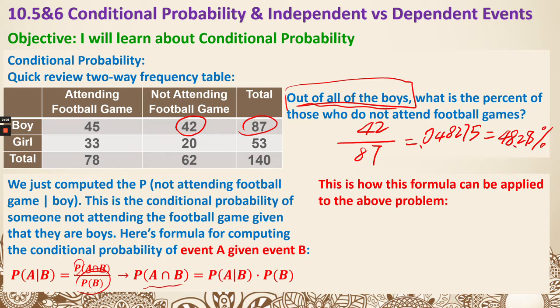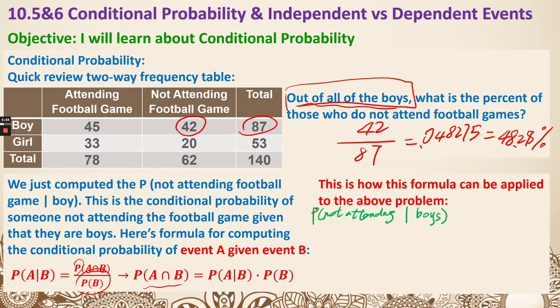And now, how can we actually use that formula on this question? Just to be clear, this question is basically now becoming probability of not attending given boys.